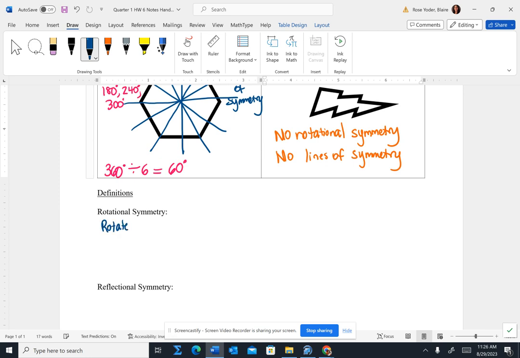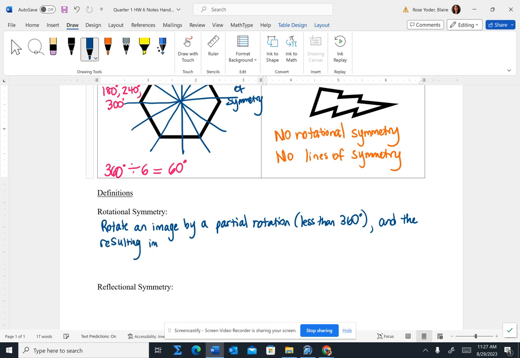So I'm going to say rotate an image by a partial rotation. And by that I mean, in parentheses, less than 360. And the resulting image will be exactly the same as the original.